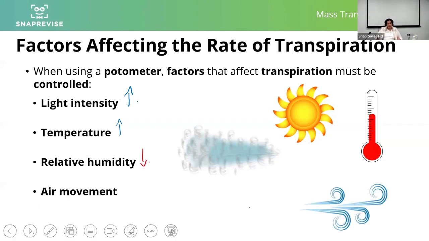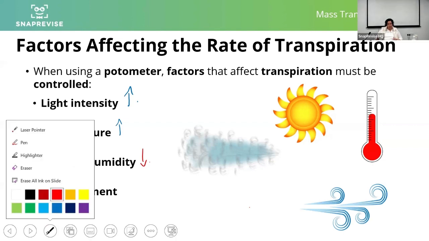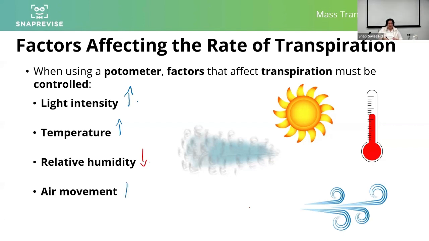And finally, air movement. The higher the air movement, the faster my transpiration rate is going to be, because as soon as water vapor diffuses out of the leaf, it's blown away by the wind, keeping that concentration gradient of water vapor steep. So humidity makes it less steep, air movement makes it more steep.